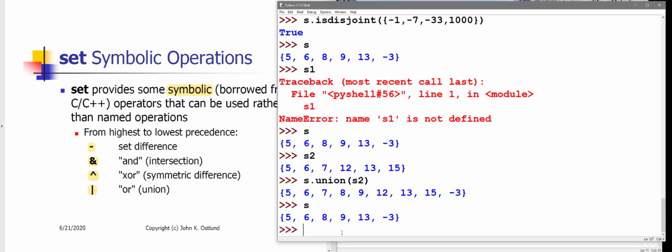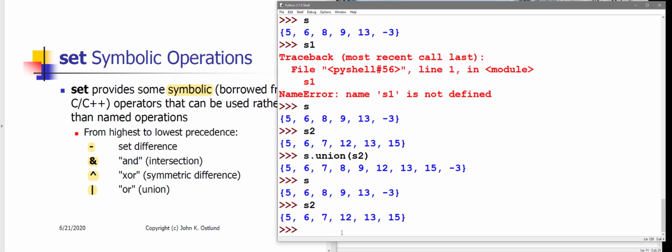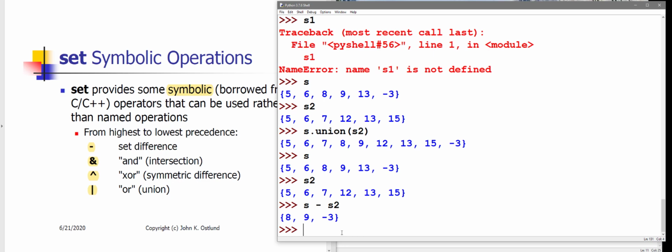For example, here's S, here's S2, and if I ask for S minus S2, that is the difference. It's the same as saying S dot difference S2, and what I get are the items in S that are not found in S2. Other way around, S2 minus S is the items that are in S2 that are not in S.